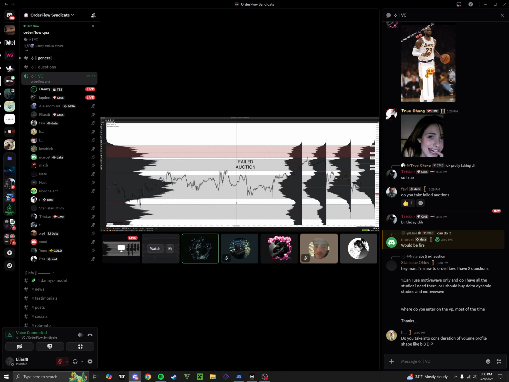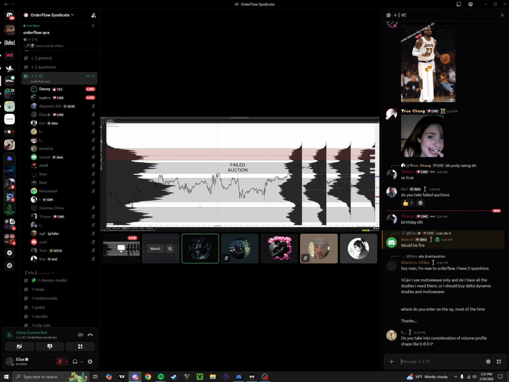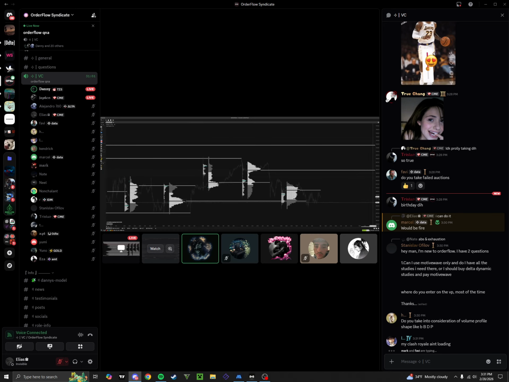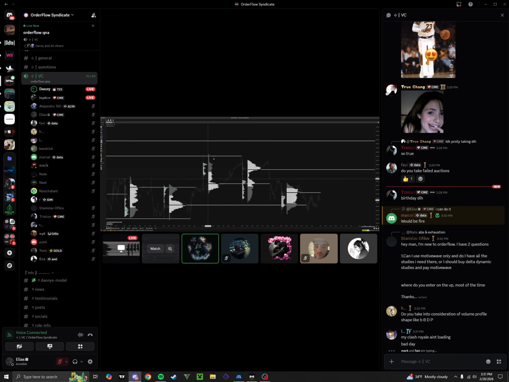No, I don't use shapes. I think when people include shapes in their education, it isn't really that useful. It sounds useful in theory, but if you understand auction market theory, you're not looking at a profile and saying, oh, that's a B shape.